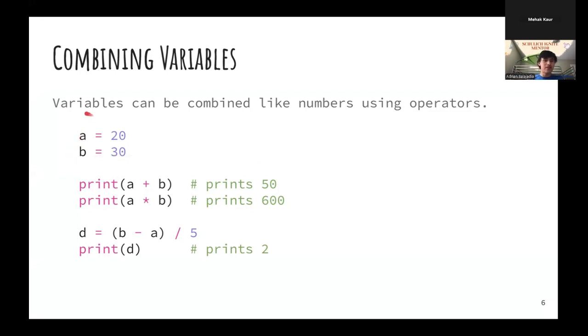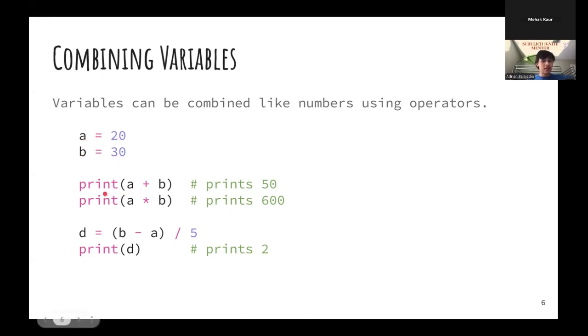And just like regular algebra, variables can be combined using addition or subtraction. Look at this example. Our first variable is a, and it has the value of 20, and we also have b, which is the value of 30.